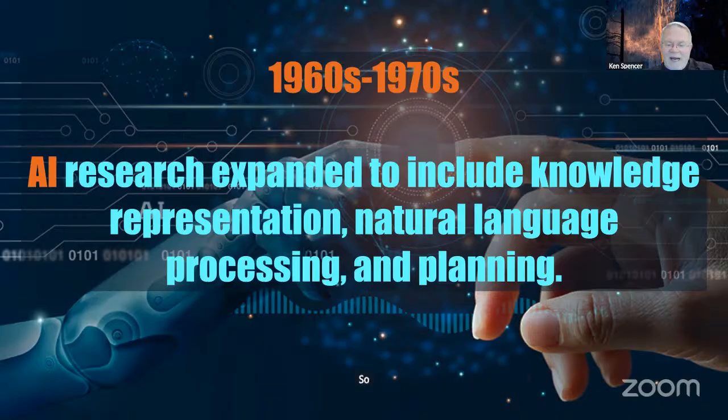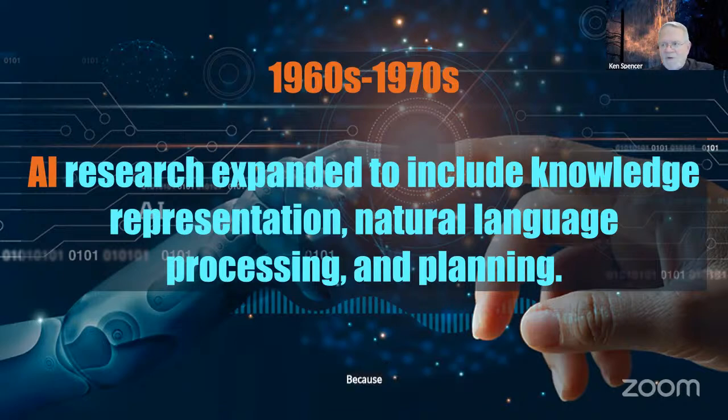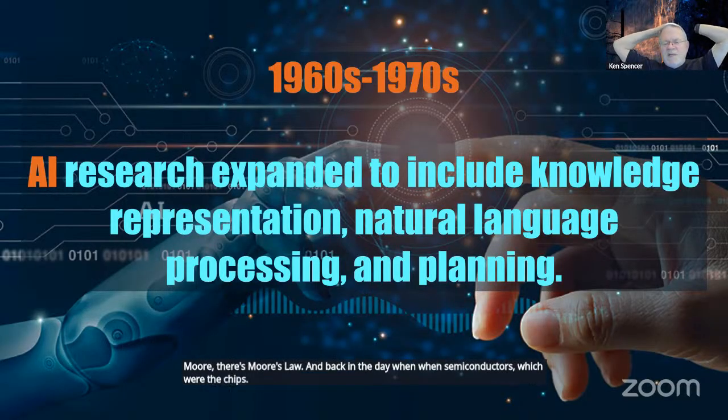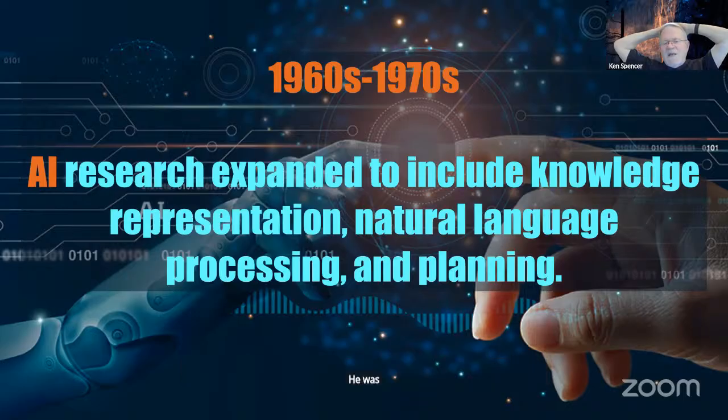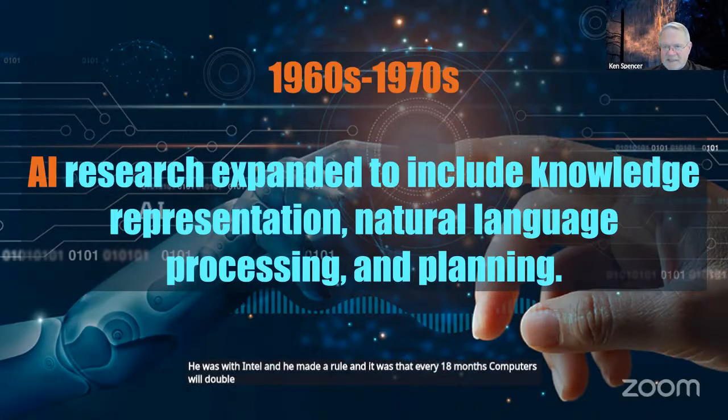So anyway, the whole time this is happening, research is getting better, computer programmers are getting better, but the big thing is computers are getting more powerful, because the power of the computer is the biggest thing. And there's Gordon Moore, there's Moore's law. Back in the day when semiconductors, the chips, went from tubes to chips, he was with Intel, and he made a rule that every 18 months, computers will double in speed.